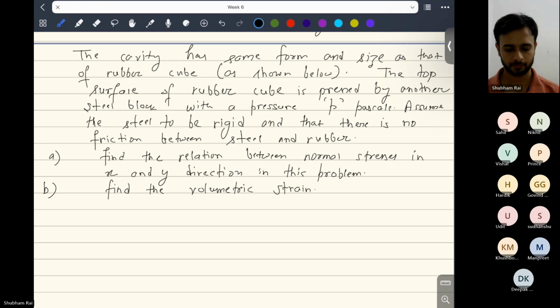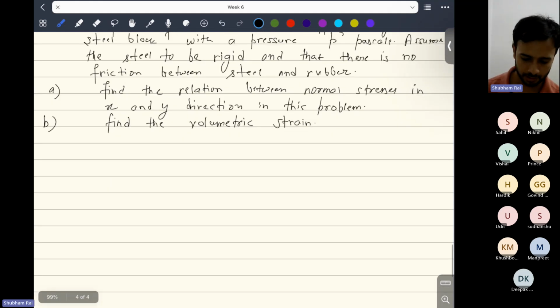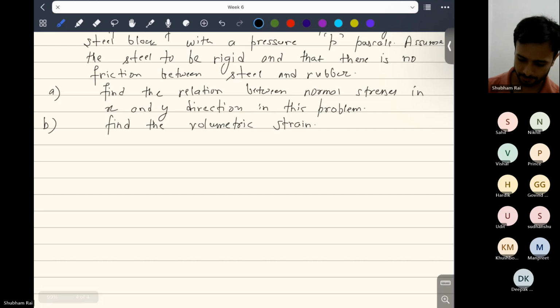If you draw the diagram, it is something like this.